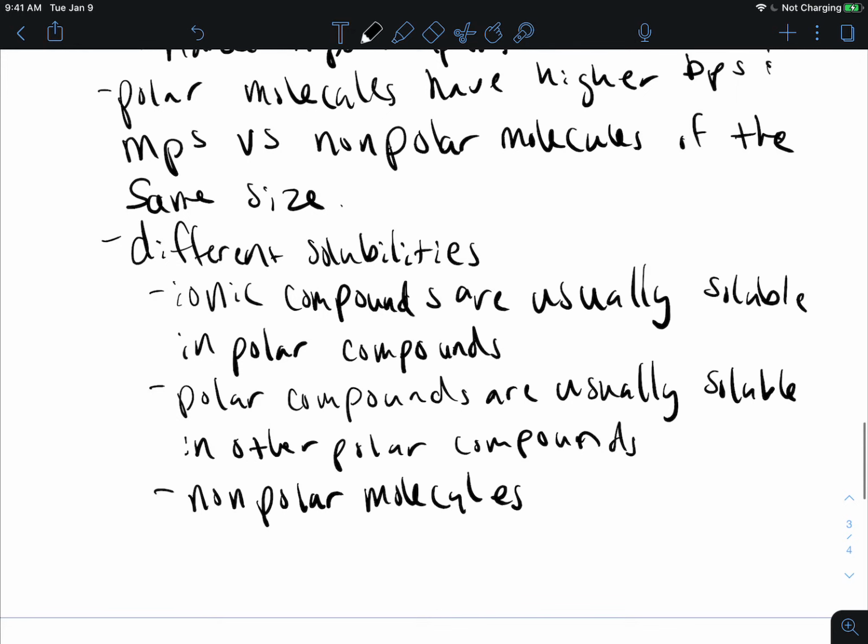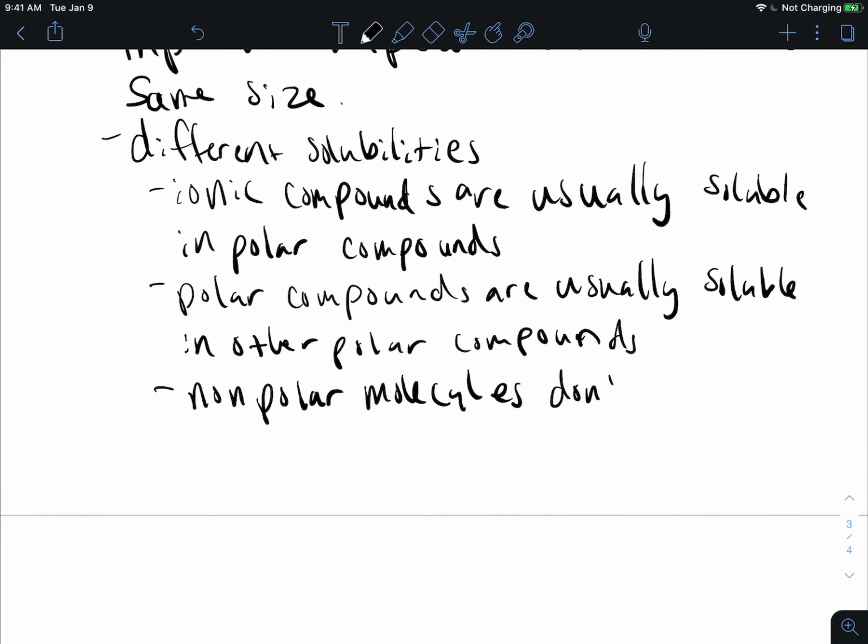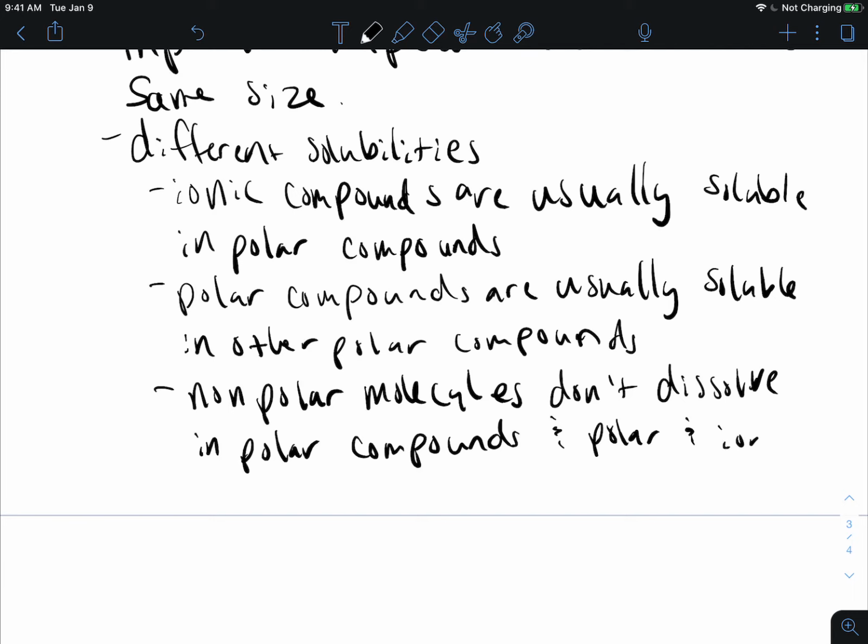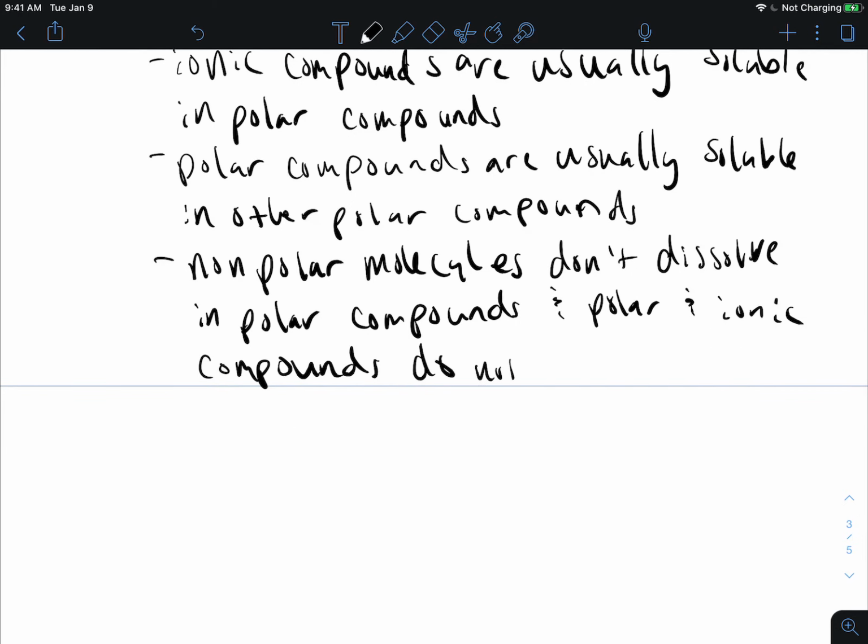So nonpolar molecules don't dissolve in polar compounds, and polar and ionic compounds do not dissolve in nonpolar substances.